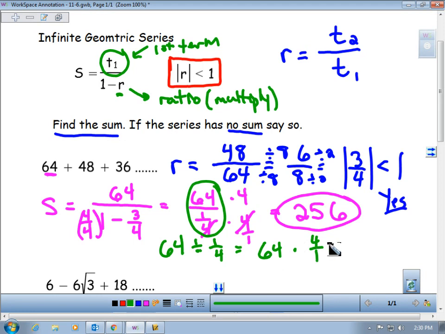And 64 times 4 is what? 256, you get the same thing. So whether you want to simplify that complex fraction or change it to a division, not a problem. Either way. Okay, let's look. I got 2 more here.